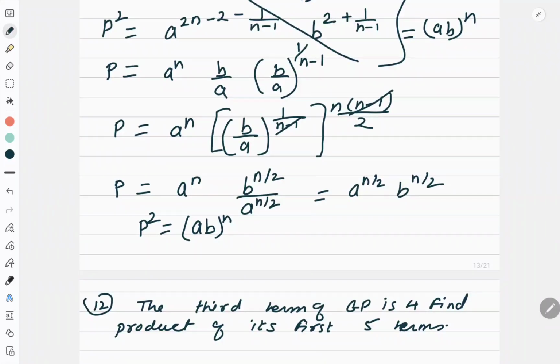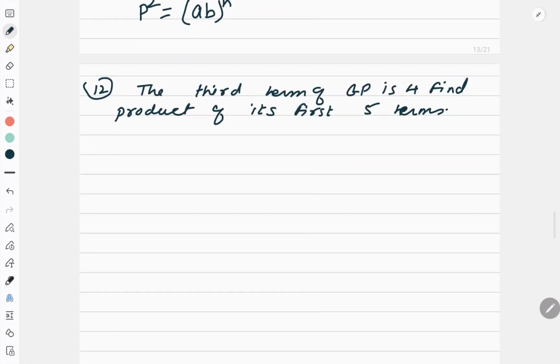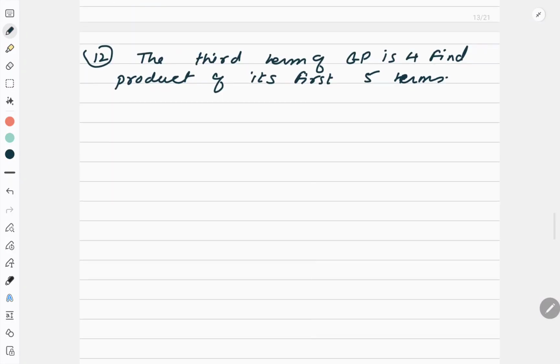Okay. Now, after this question, I have this question. The third term of a GP is 4. Find the product of its first 5 terms. Okay. Now when I am saying third term, it means ar square is equal to 4.